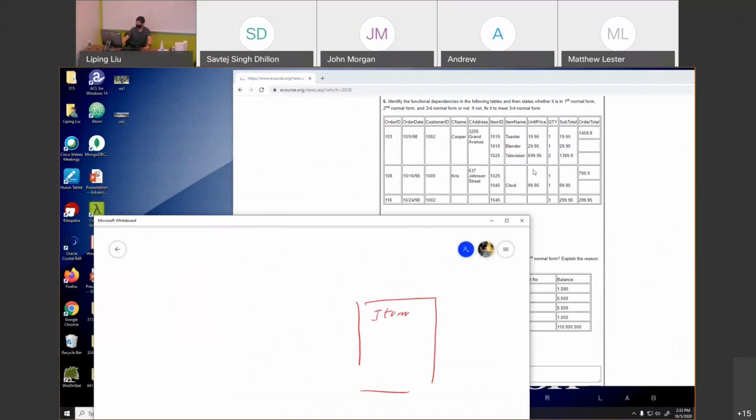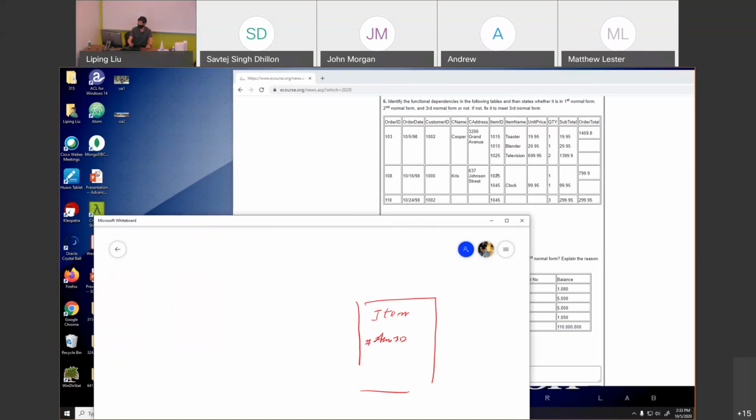All right. So I'm going to have item ID, which is not really a key for the items, but it's just like a partial ID. Why? Because if you say that this ID 1025 is for this television, and there's also another 1025 for this order, then this item ID is not a key, right? It's just a partial ID.